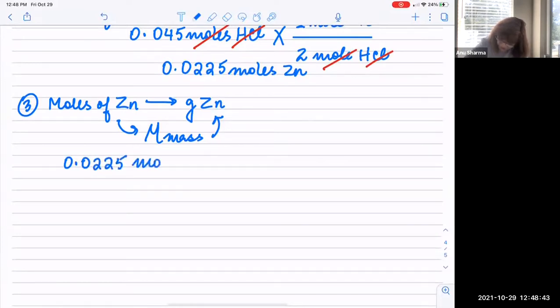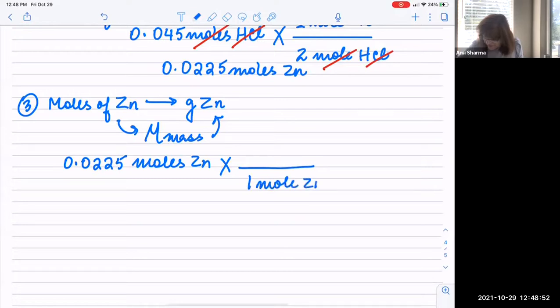So 0.0225 moles of zinc times 1 mole of zinc, 65.41. You can just use 65.41, or you can also use just 65 grams of zinc. That's fine.